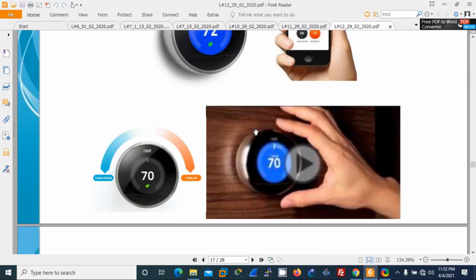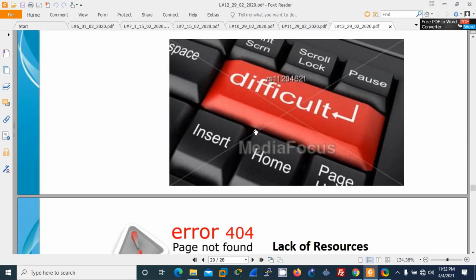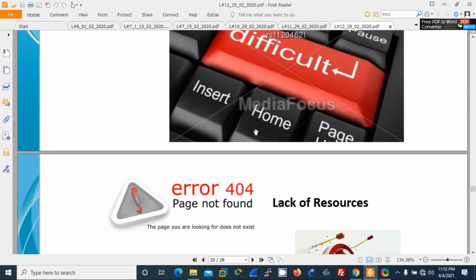There are many such examples, and we need to understand the basic difference between disruptive innovation and breakthrough innovation. That is really important. Breakthrough innovation breaks the conventionally followed rules in order to come up with a totally new idea.